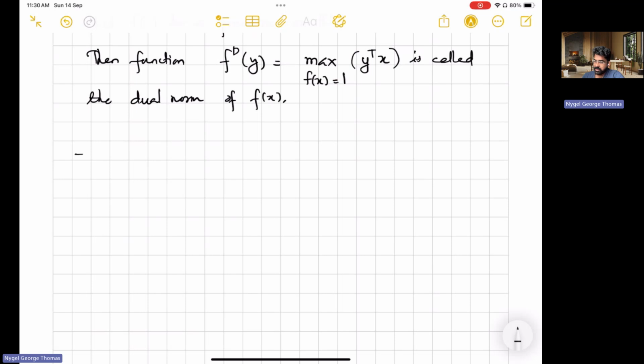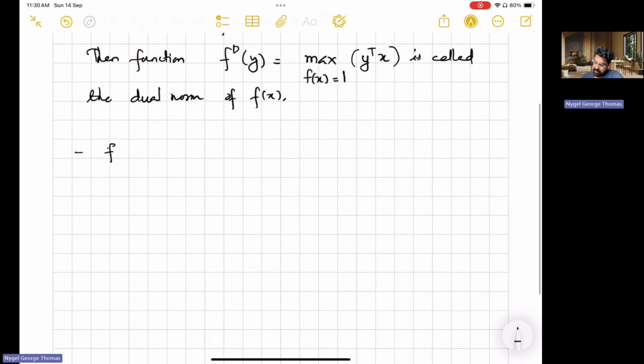So there are also a few alternate formulations. f of minus x, using the homogeneity principle, is the same as f of modulus of minus 1 times f of x, which is the same as f of x.